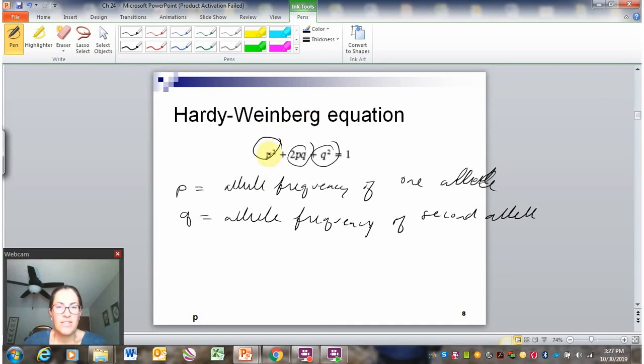And then these different components represent genotype frequencies. So P squared, so that 2 is actually squaring.